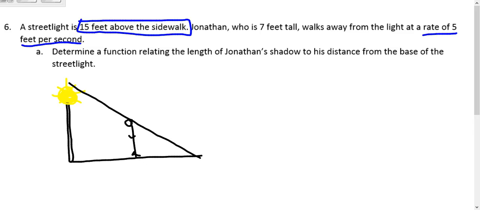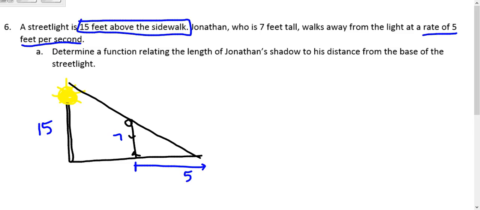We know that Jonathan is 7 feet tall. We also know that our street light is 15 feet above. And we know that Jonathan is walking away at a rate of 5.